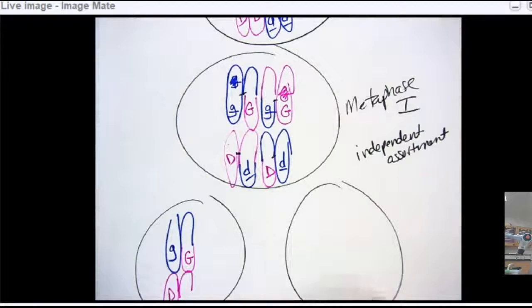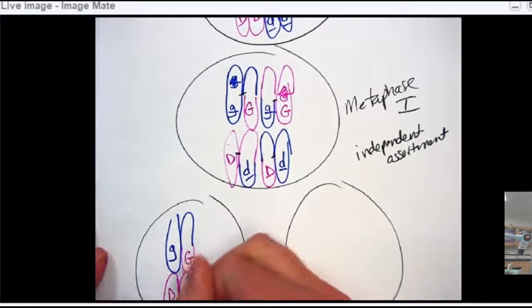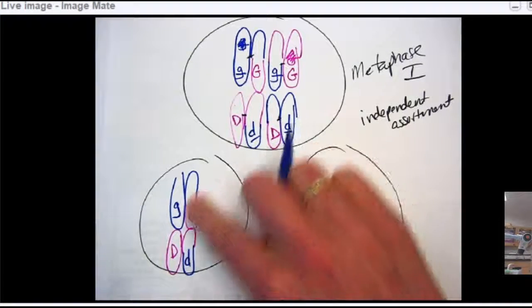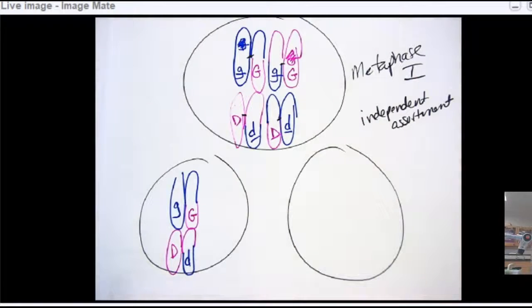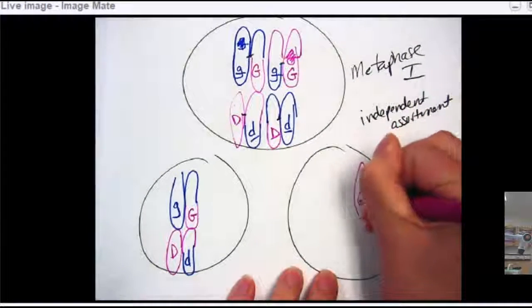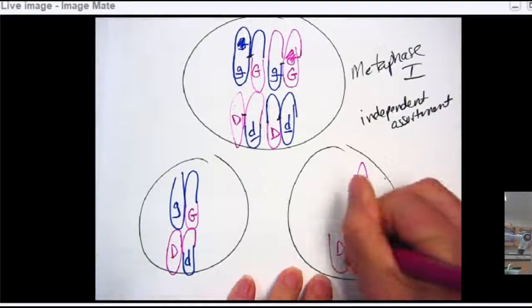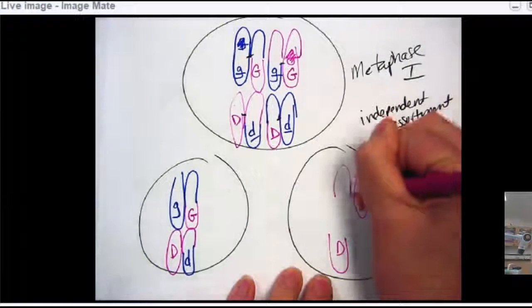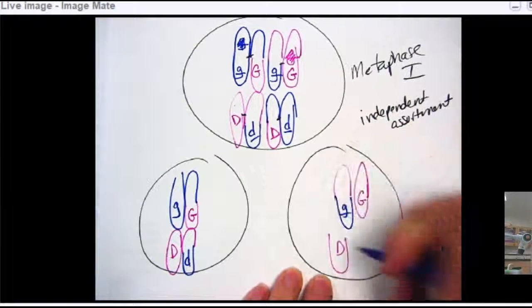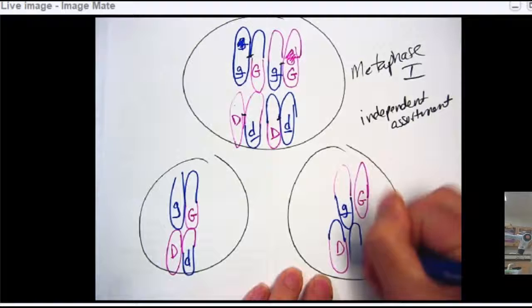And what you should see is that each of these cells has some that look like maybe the parent, but then they have this recombinant one too. And then on this side, here's my G. Okay.